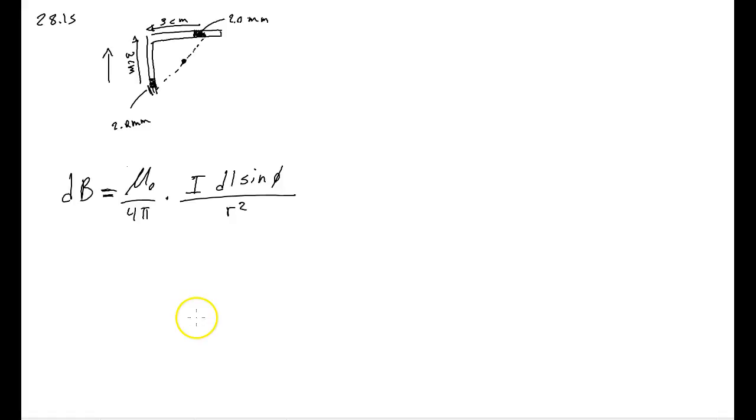Mu sub naught is 4 pi times 10 to the negative 7 tesla meters per amp, and we divide over 4 pi. And then this is times the current, which, let me see if it was given. Yeah, in the textbook the current was 28 amps.